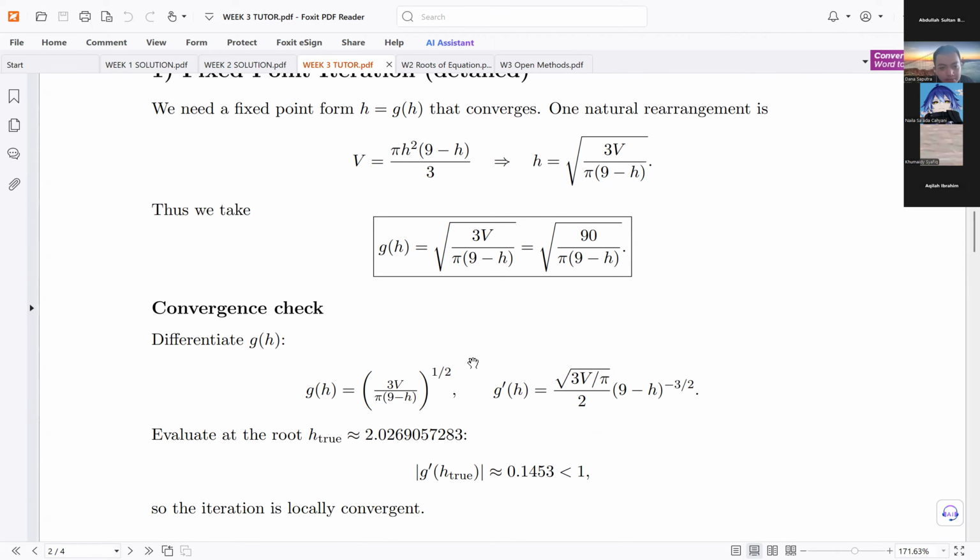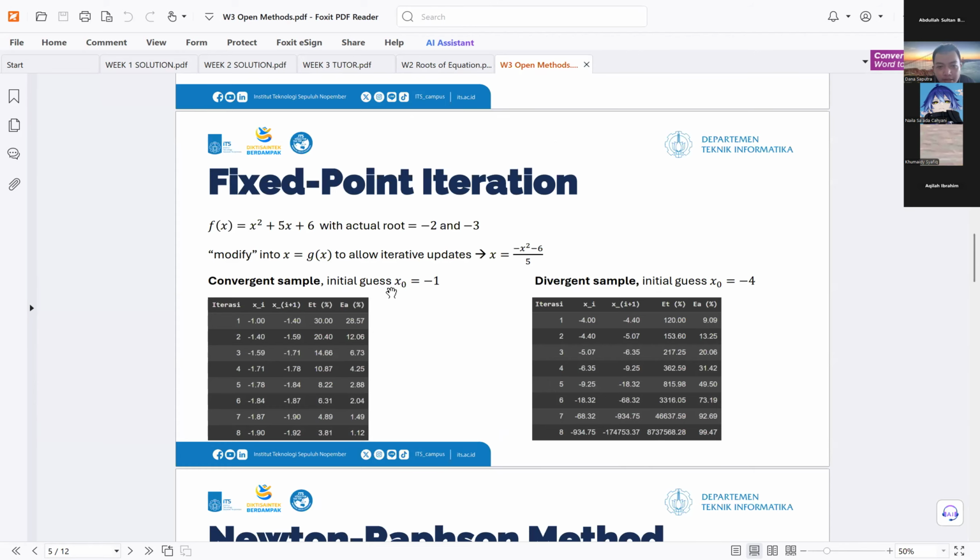Okay, this is for the convergence check. It's not wrong, but it's complicated. You have to check whether this is convergent or divergent. If it is divergent, the more iterations you do, the bigger the error gets. But for convergent, the more iterations, the smaller the error becomes.